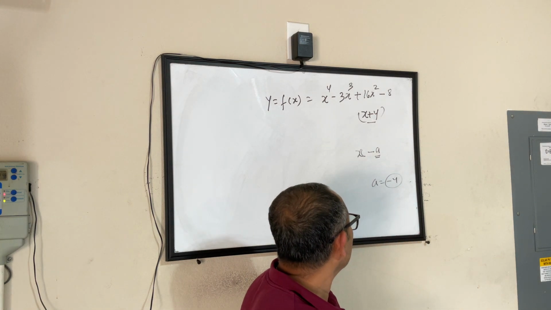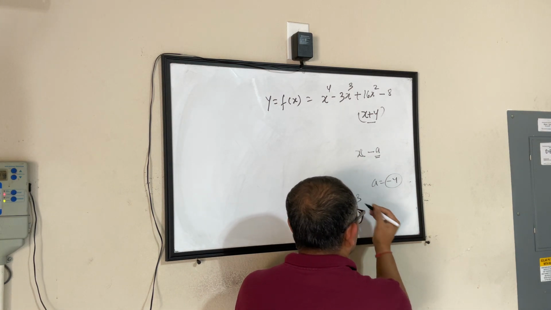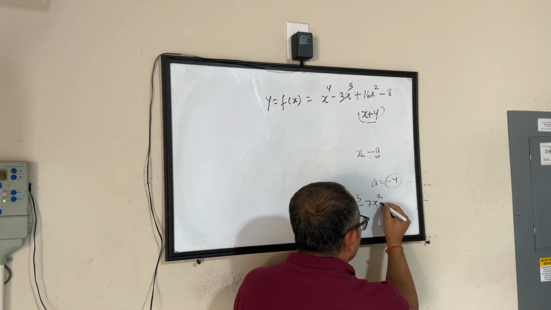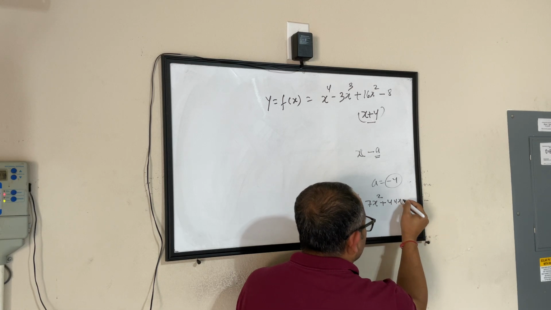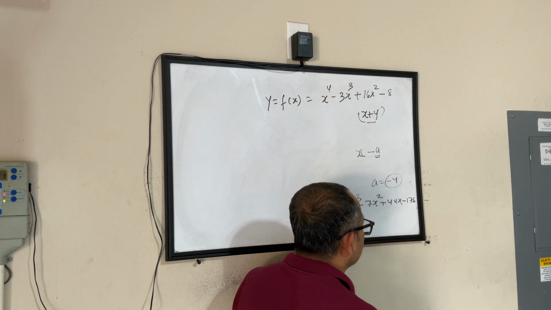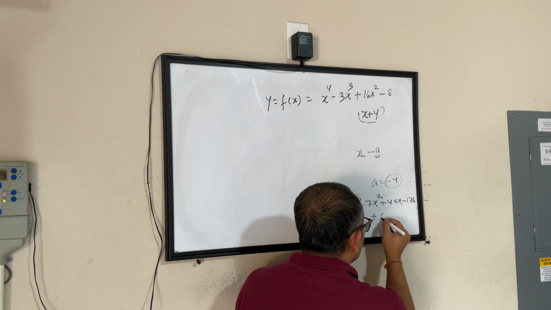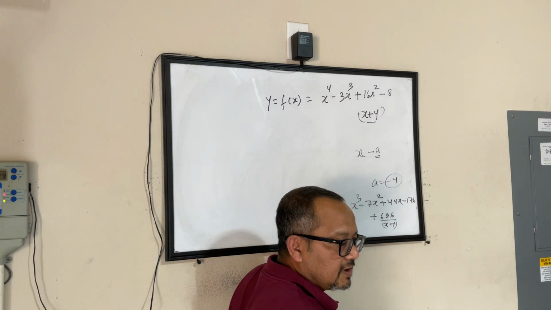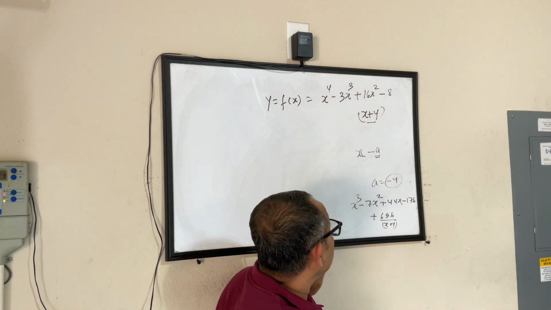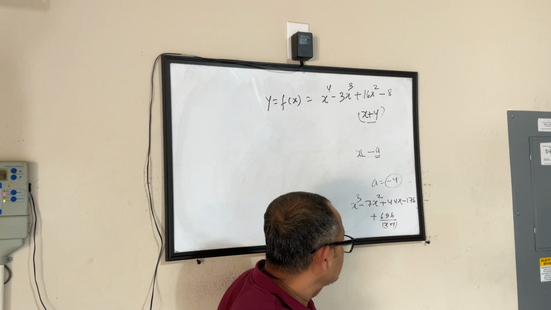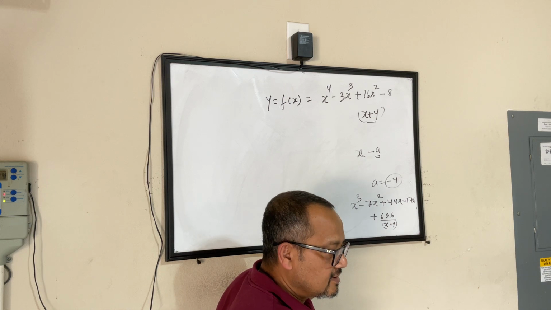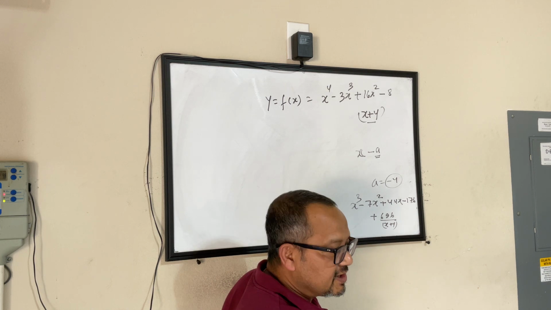I got x cubed minus 7x squared plus 44x minus 176 plus 626 over x plus 4. Okay. Anybody else? And did you find what the remainder would be? And did you verify that with the polynomial remainder theorem?